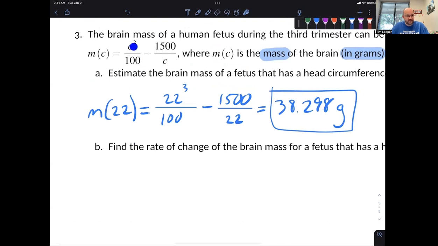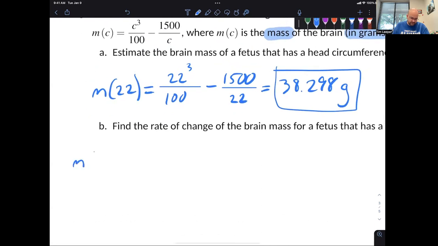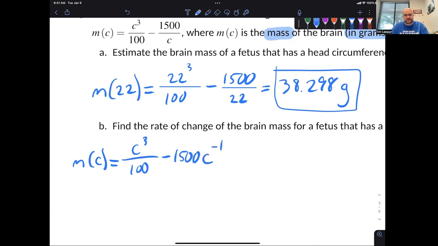The c cubed can stay in the numerator with that denominator of 100. It's not going to hurt anything. But this c needs to go to the numerator. That gives me M of c equals c cubed over 100 minus 1500, and then c to the negative 1, because I want it to go to the numerator.